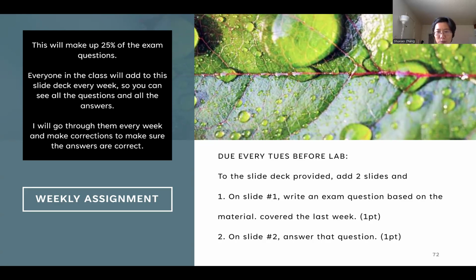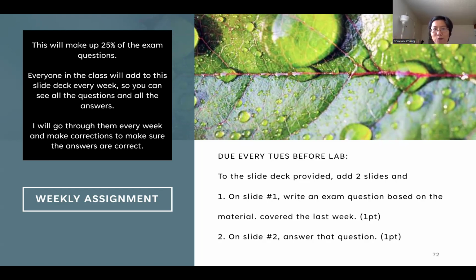Each of you every week is going to add 2 slides. On slide number 1, you're going to make up an exam question based on the course material covered the previous week. And on the second slide, you're going to provide the answer to that question.